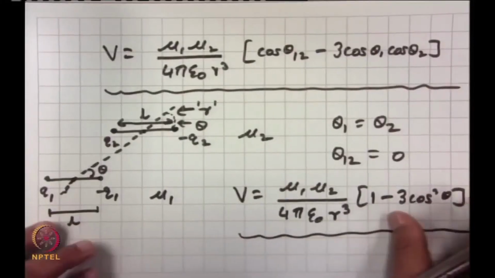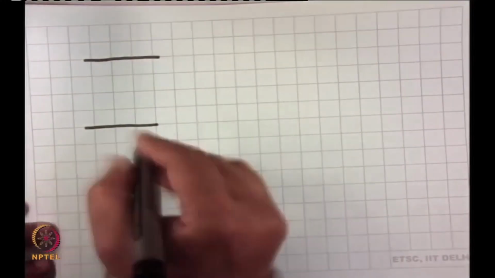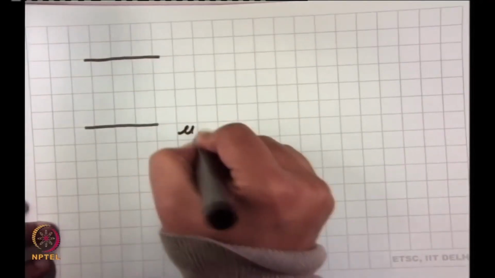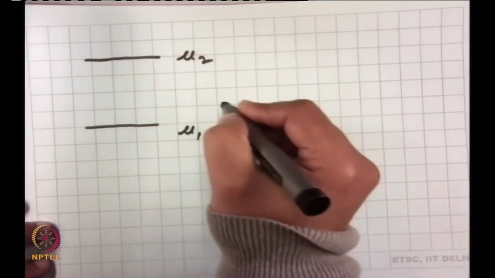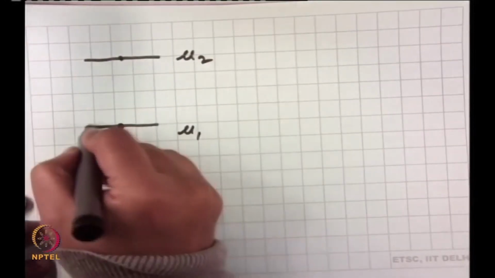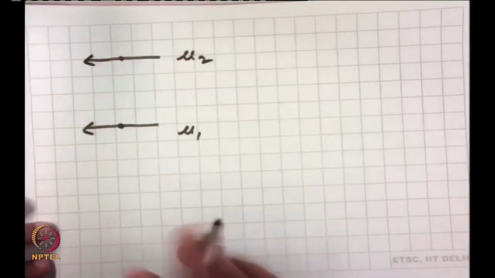Let us take another case now. So just simplifying this further, we can take another case where we can have the dipoles like this, right. I can have the dipoles like this. So this is say mu1, this is mu2, again R is from the center, right. Yeah, you can have this, it does not matter what it is.